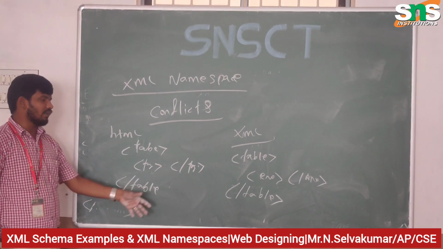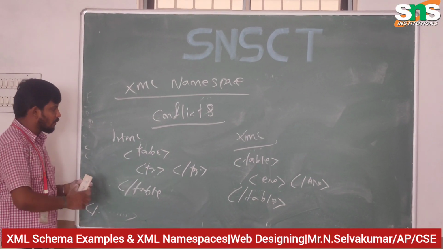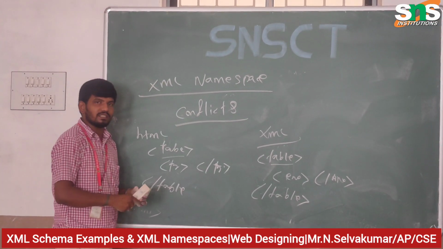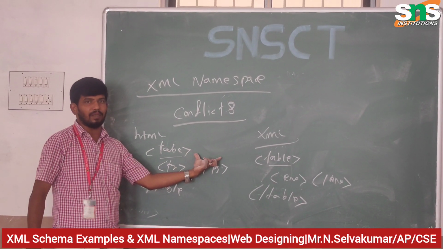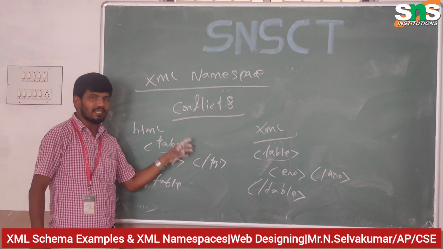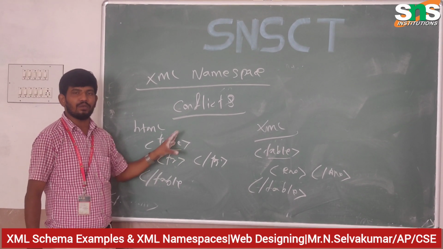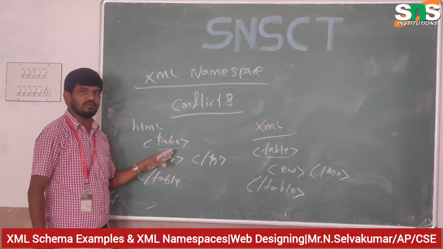When we are doing web designing or web development, the root element table is in HTML and XML also has a table. These two elements are the same, a table, so it is confusing which one should be executed, HTML or XML.